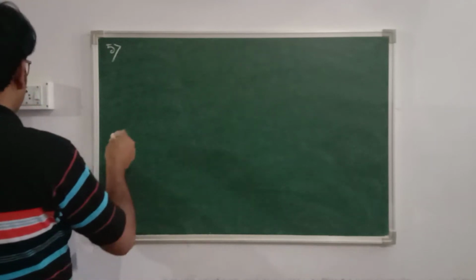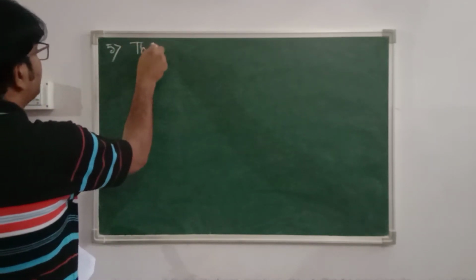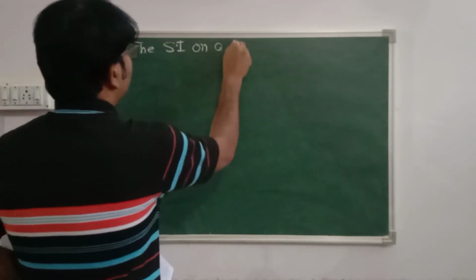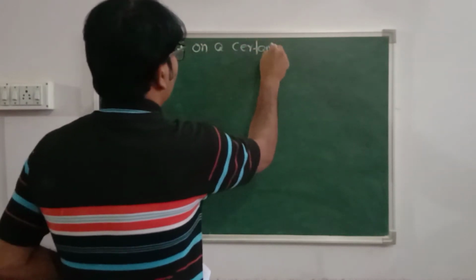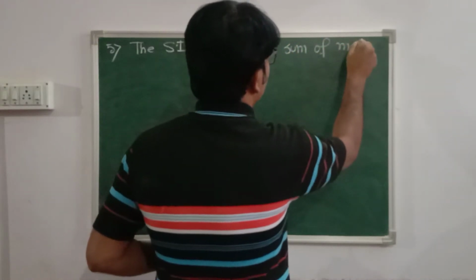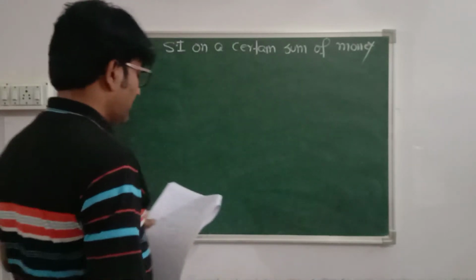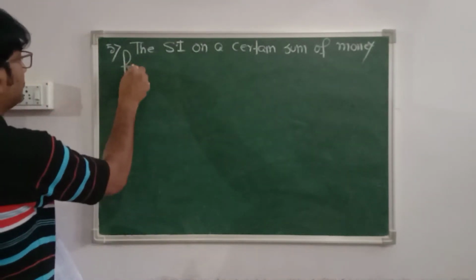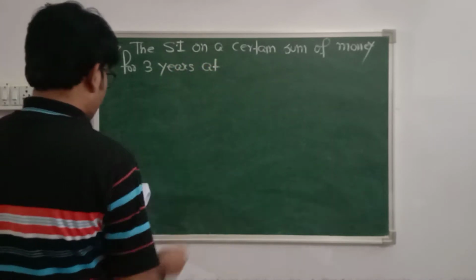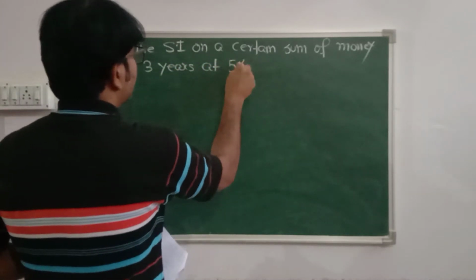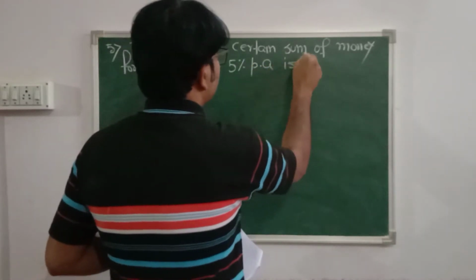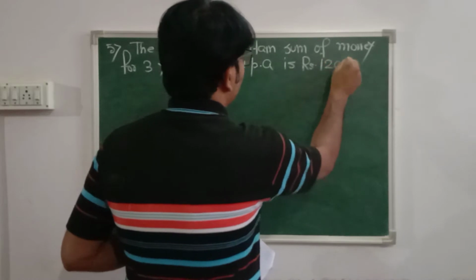The simple interest on a certain sum of money for 3 years at 5% per annum is rupees 1200.